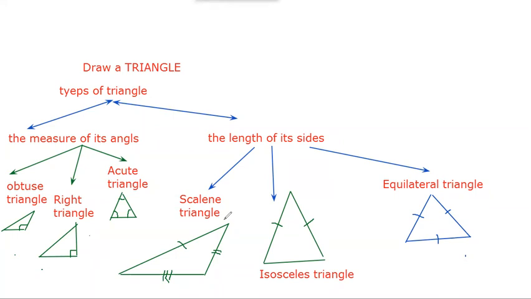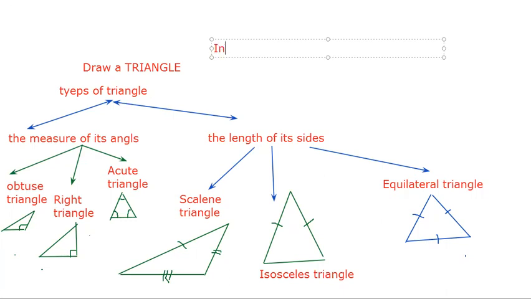So in front of us, this is the chart for how we classify the triangle according to the length of its sides and the measure of its angles. My question is, in any triangle, could you please write the sentence with me in your notebook?